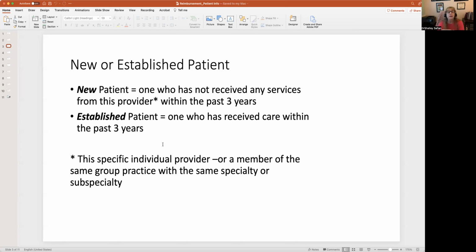So the reason for the specification about the specialty and subspecialty is because a physician who specializes in a particular specialty may want more detail or information about the history of the patient with regard to this specific body system or this specific diagnosis that another physician might not spend that much time with.